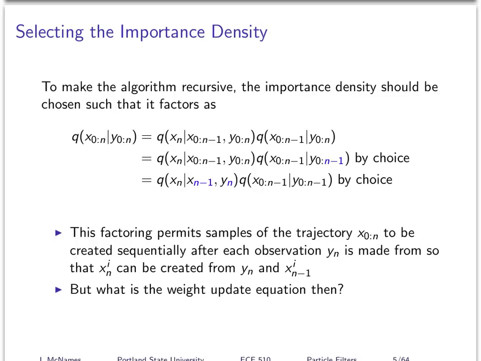And then the other design decision that was made is that when we condition x of n, rather than condition it on the entire history of the state and the entire history of measurements that you've observed, let's simplify things to make this easier to code in and to be able to make a recursive algorithm. And let's just condition this on what the state was in the immediate time step before and on what the current measurement value is.